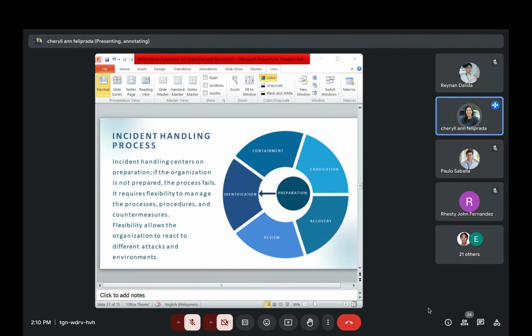The team should present the report and recommend additional countermeasures to management to prevent recurrence. Those are the incident handling process.